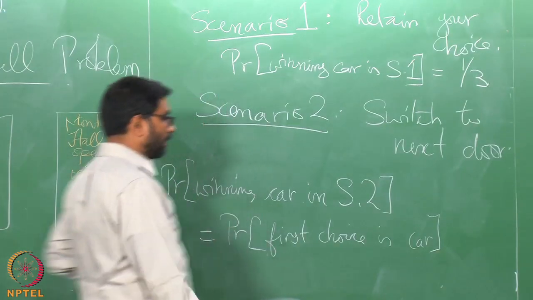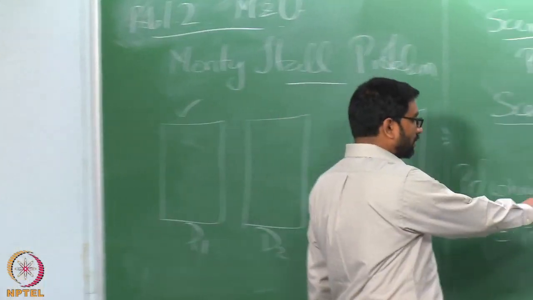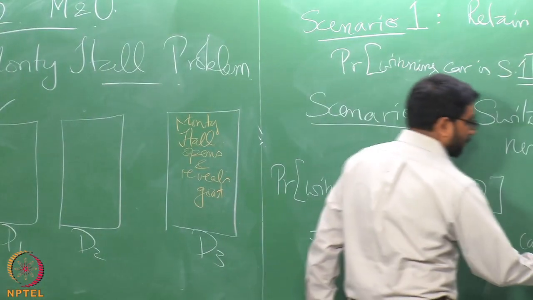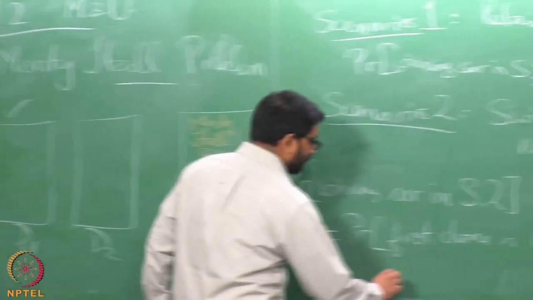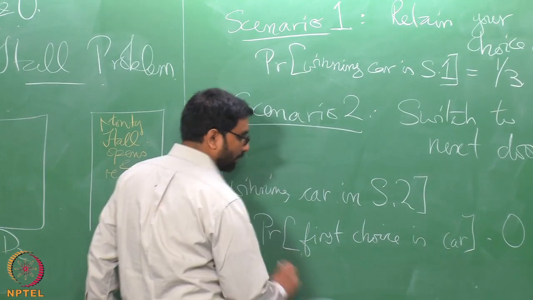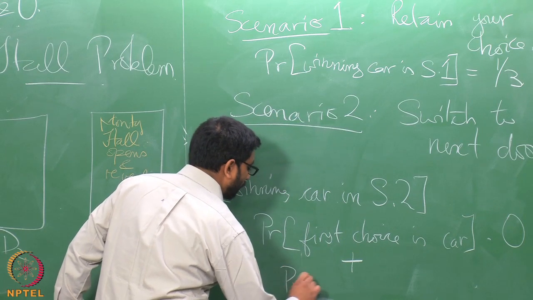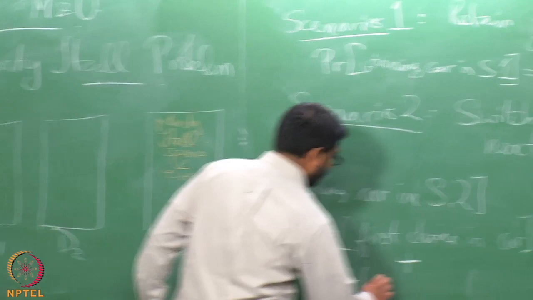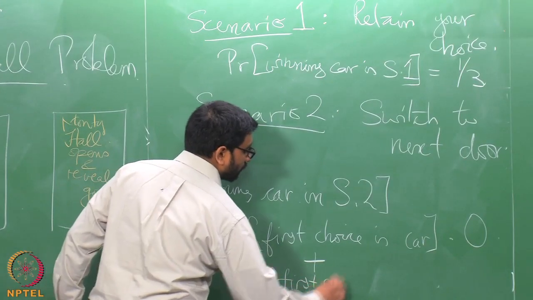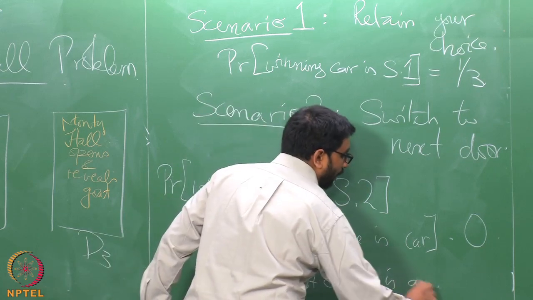Under this, the probability of winning a car becomes 0. The second scenario is that the first choice is a goat.